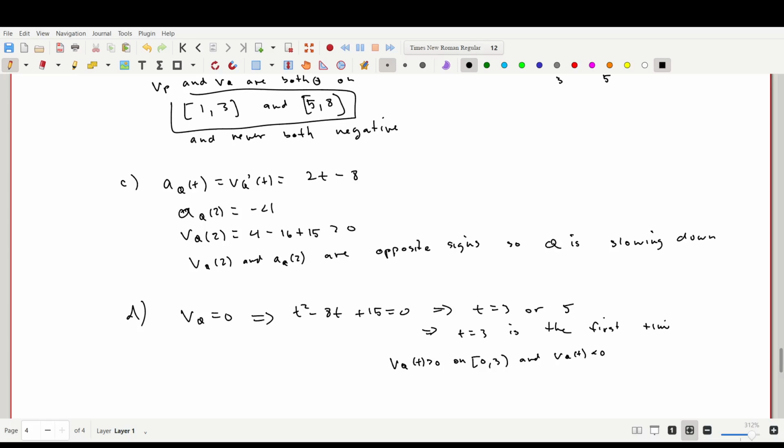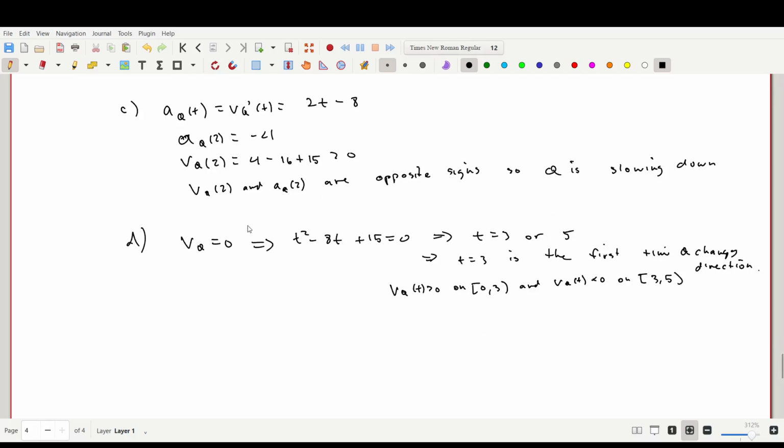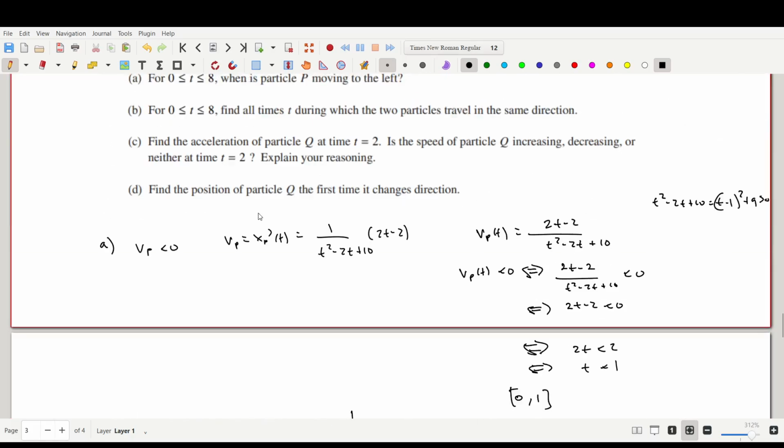Can't just equal 0. So you need to additionally say something like this. VQ of t is less than 0 on 3 to 5. Q changes direction. All right. That's the first time it changed direction, and it wants the position.